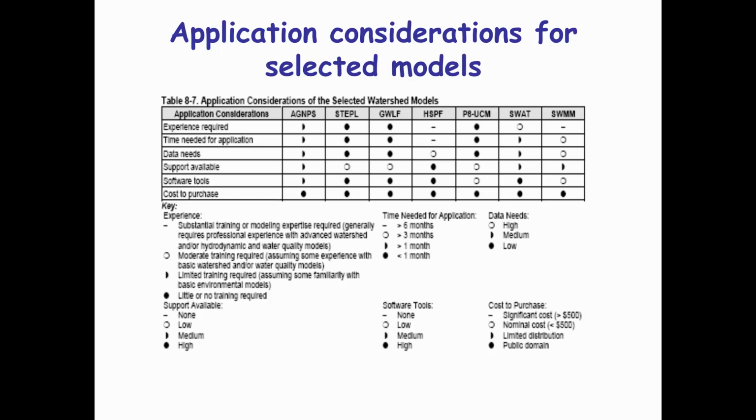The characteristics or the needs of each of these models, for how much experience is needed, the time needed to make an application or to learn how to use the model, the data needs, the amount of support that's available if you need to ask somebody questions, the software tools, and the cost, if there is a cost, are all outlined in the summary of this table.